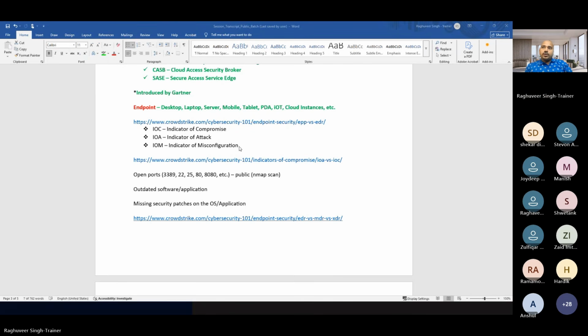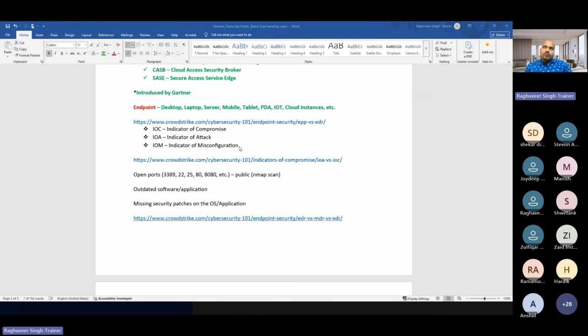That's what indicators of compromise are. So they are digital evidence. They are activities which have the potential to compromise a system, a network, or an application. That's indicators of compromise.